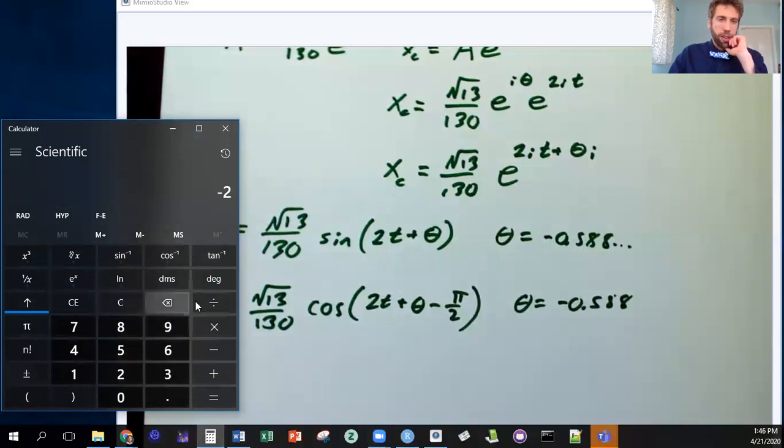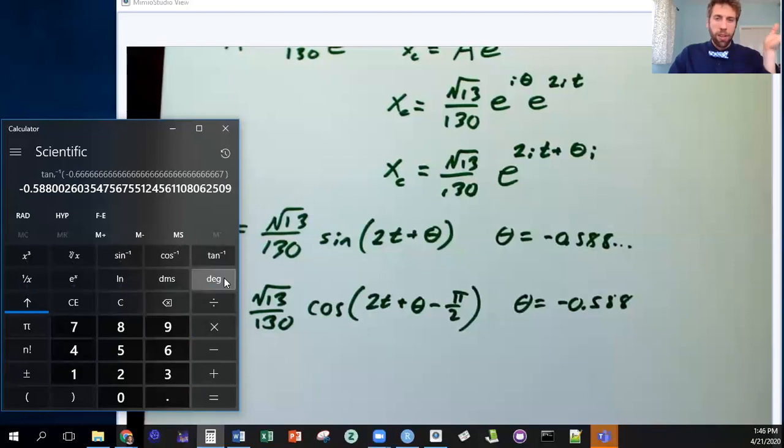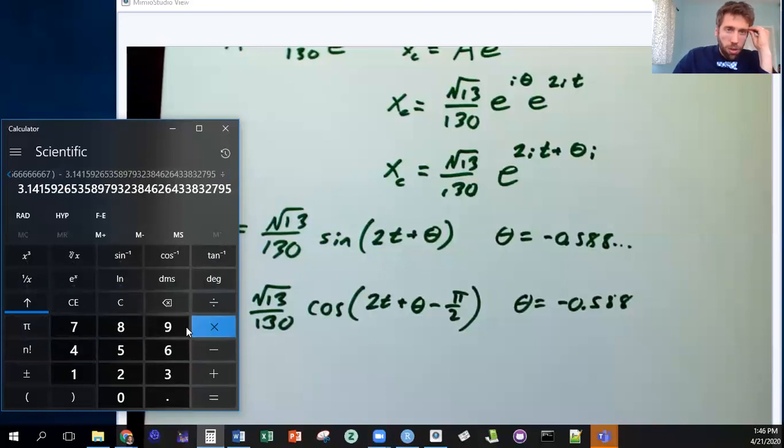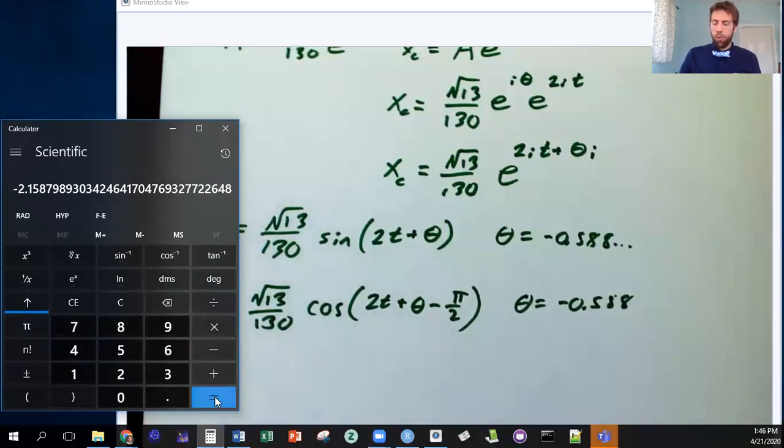Negative 2 divided by 3, and then equals that, arctan. Okay, so then I'm going to subtract pi over 2. And I get negative 2.15.